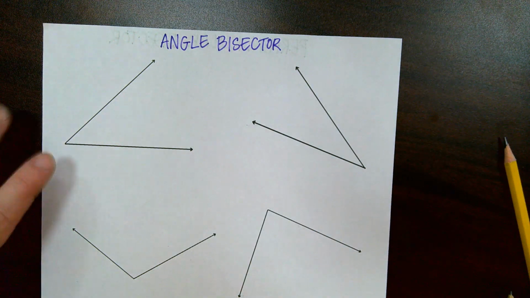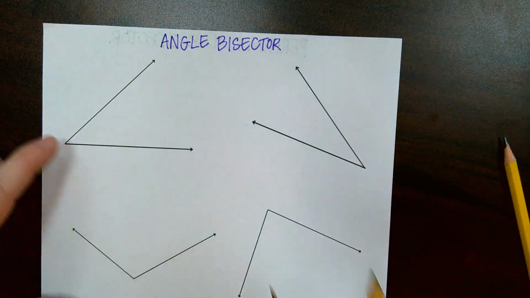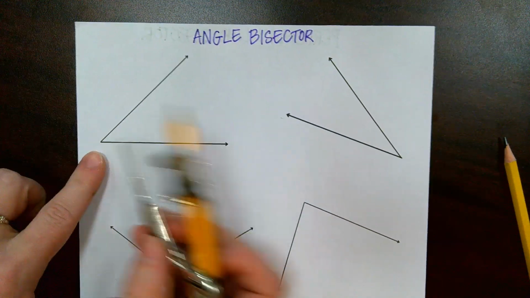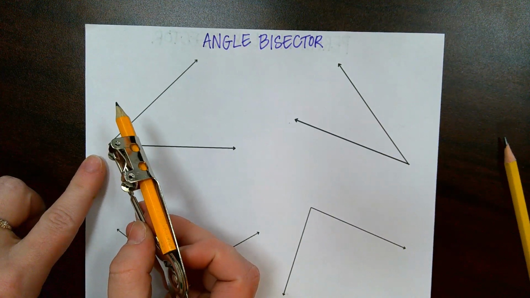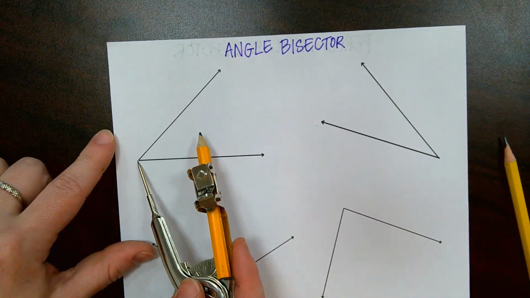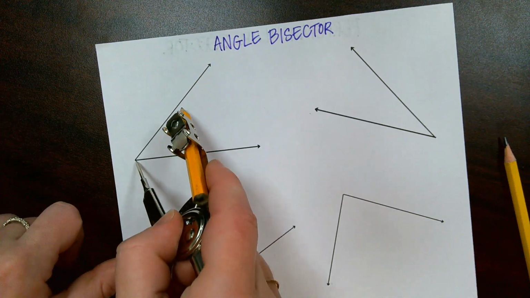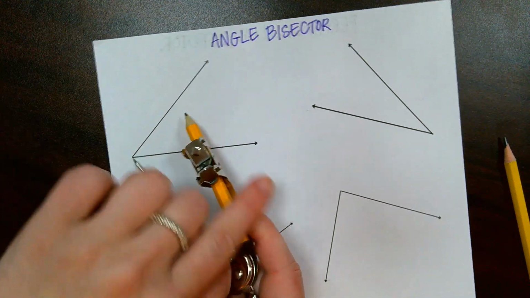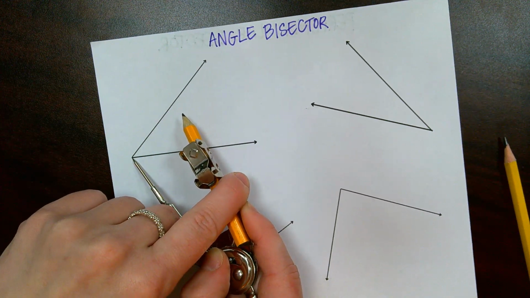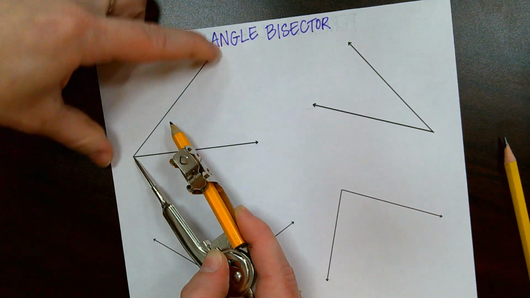So if you notice on your page, our starting point, just like when we measure an angle, when we are constructing an angle bisector, is the vertex. We want to put our compass, the pointy part, not the pencil, right on the vertex. And then we actually want to close our compass to where it is smaller than half of this line.